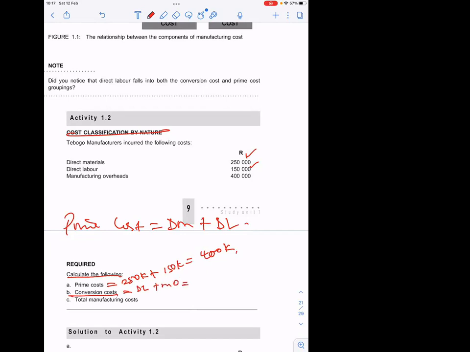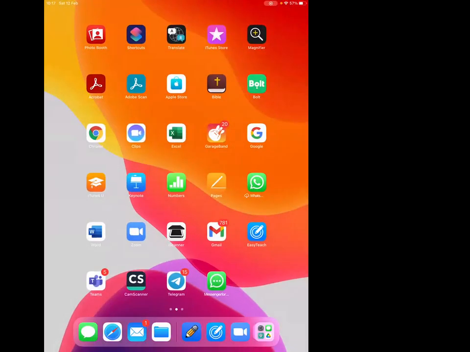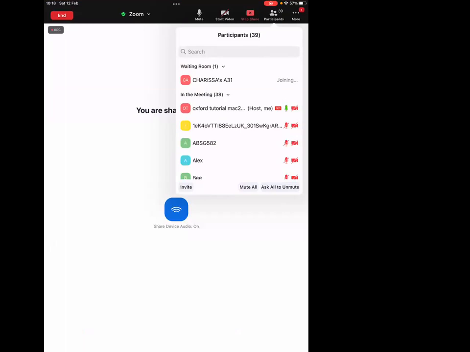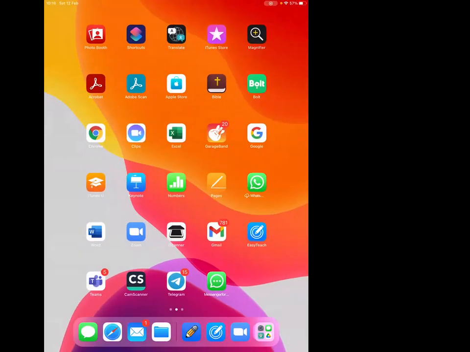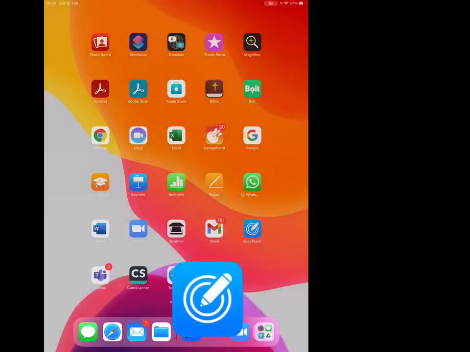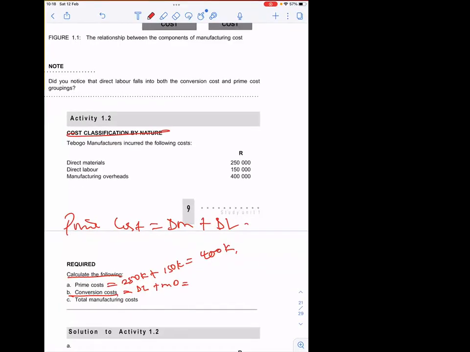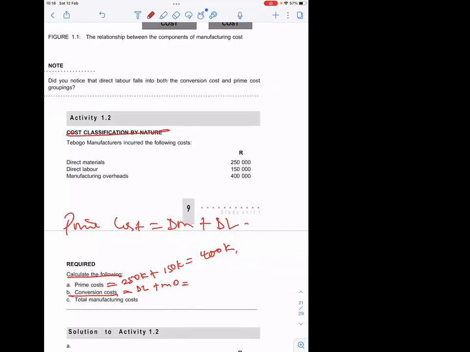These are the costs to convert, to transform from one state to the next. So conversion costs are the costs that I needed to transform direct material into a finished product. So you come here, good people, and simply say direct labor 150 plus manufacturing overheads 400K, which gives us 550K.